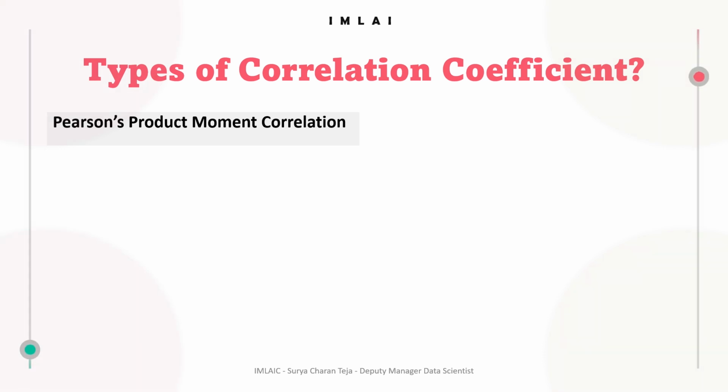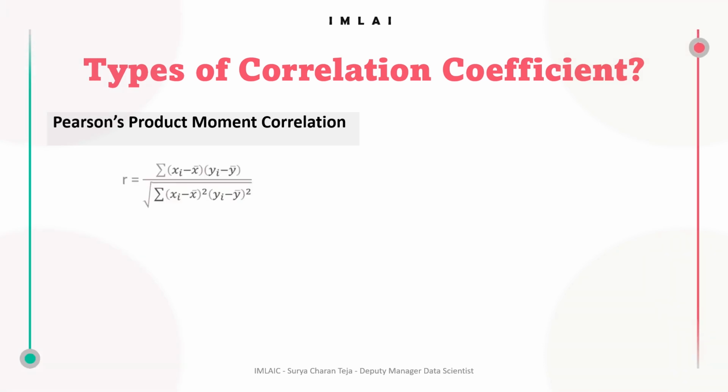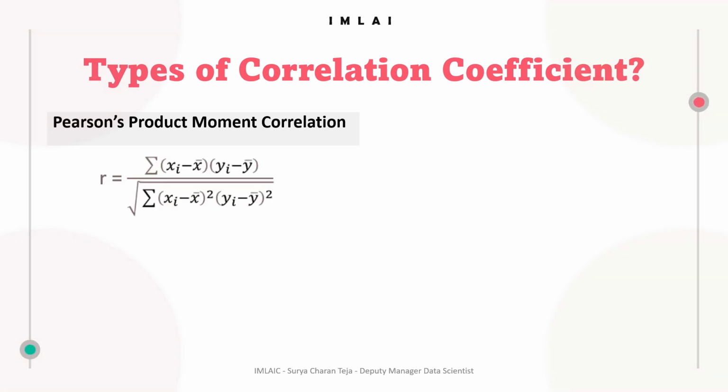Again, I'm repeating the Pearson's product moment correlation. The correlation coefficient can be calculated using this formula, and we denote this as R. We will have two variables because we want to know the correlation between the two variables.